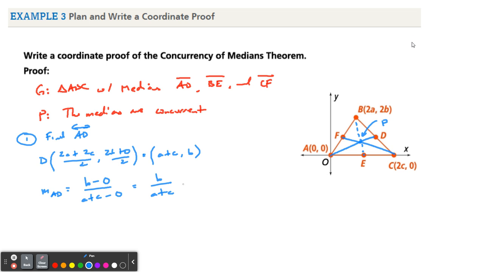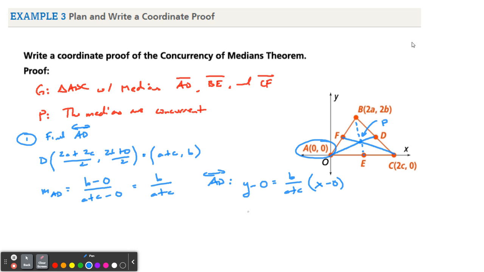And there's your slope. So then to find the equation of the line AD, I will use point-slope form. The point I will use is 0, 0 because that's easy. So it's just y minus 0 equals the slope b over a plus c times x minus 0.